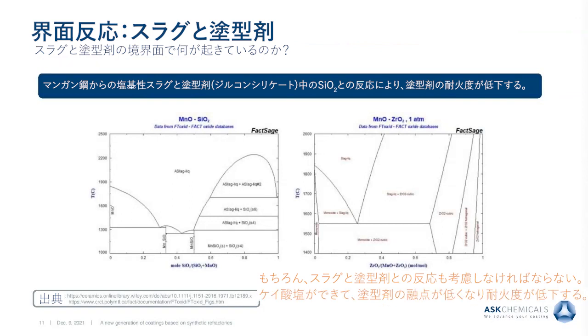In this case, you can see a reaction of the basic slags of manganese steel with the SiO2 of the zircon silicate, which lowers the refractoriness of the coating very much. As you see, the melting point of this eutectic goes down to 1300 degrees or so.